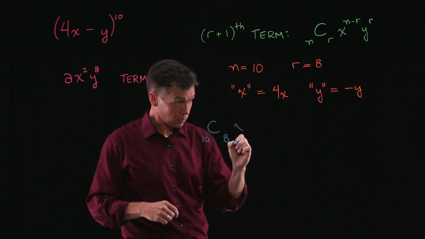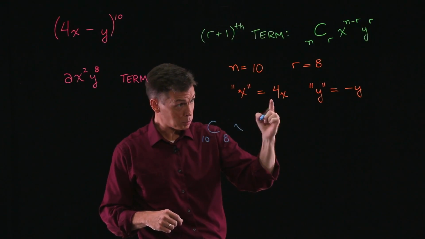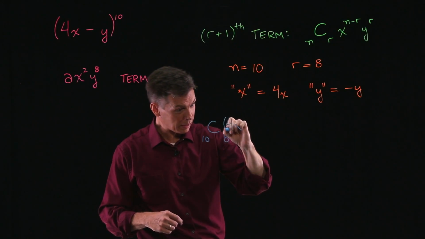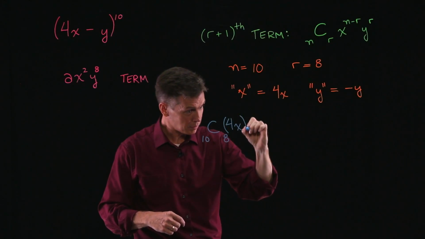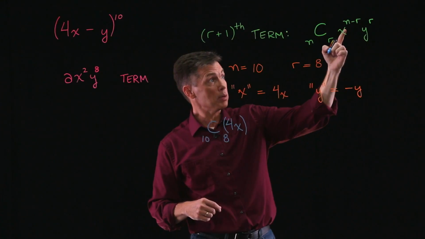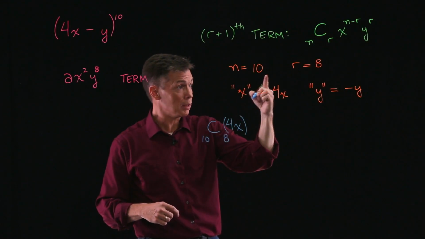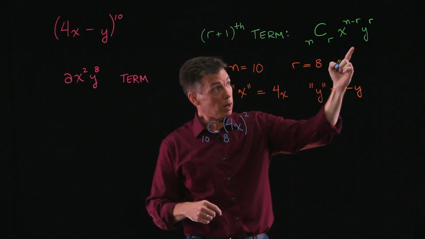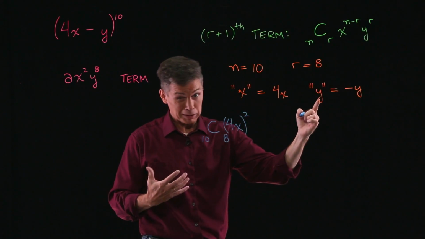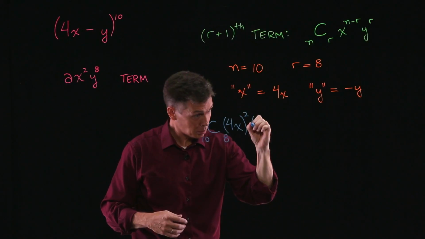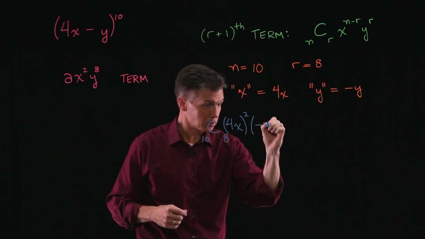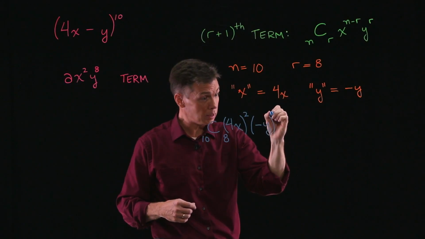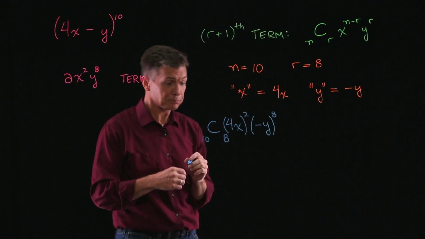X, which actually, sorry, I want to use my quote x, so 4x there, raised to the n minus r power, so 10 minus 8 is 2. The y in the formula, again, my quote y, so parentheses minus y raised to the r power, r is 8, so we have that.